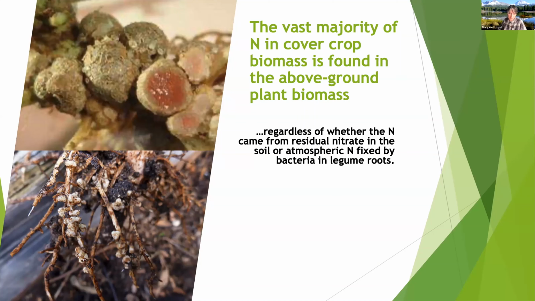Legumes, as many of you know, differ from grasses and other non-legumes in their ability to form symbiotic associations with root nodulating bacteria called rhizobia. In this symbiotic relationship, the plants are providing the rhizobia with carbohydrates, and in exchange, the rhizobia are providing nitrogen.